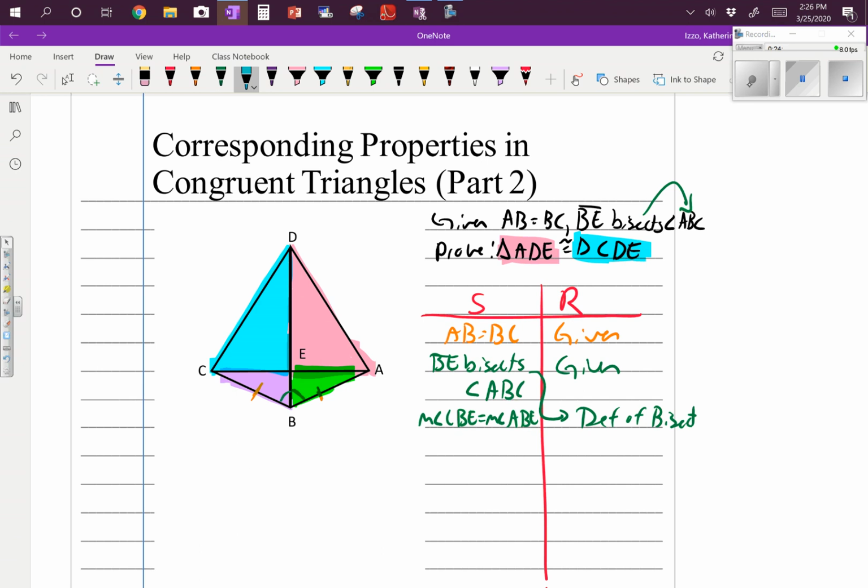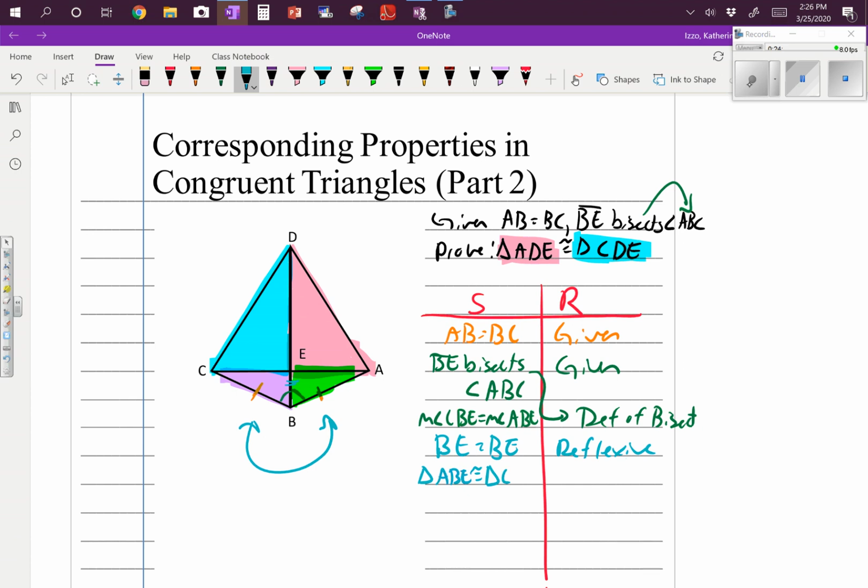If we want to prove the green and the purple triangles down here, it's actually going to be fairly easy because all we need is BE equals BE, reflexive. So, triangle ABE, the green triangle, is congruent to the purple triangle.